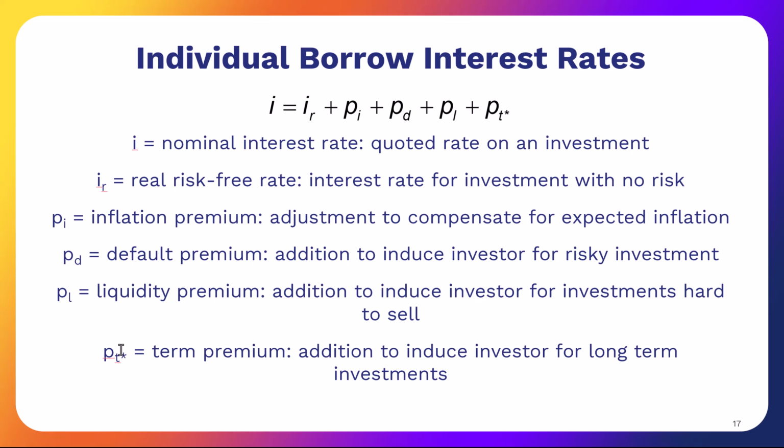And again, we have this final term they call the term premium. Sometimes this is referred to as the maturity risk premium. This is the additional premium that induces long-term investors, right? So how do I convince you to invest for 30 years instead of 2 years?